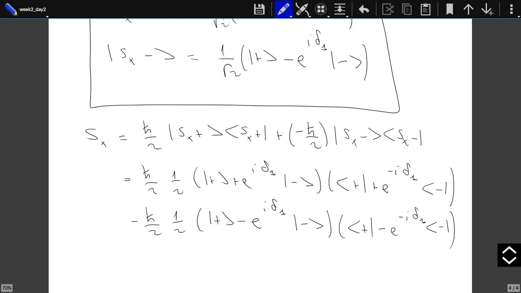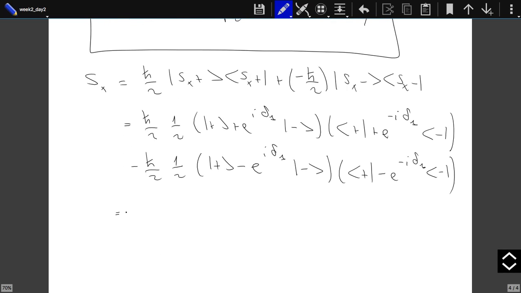I can open up the parentheses. So let's say this is minus h bar over 4. I have plus from the first term, and from the second term I have minus plus. Now they will cancel each other. No, sorry, this is plus h bar over 4. Plus h bar over 4.